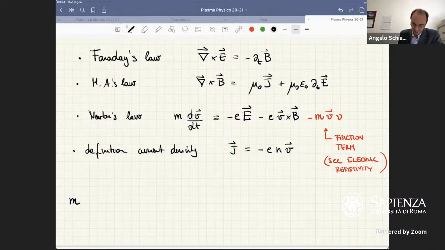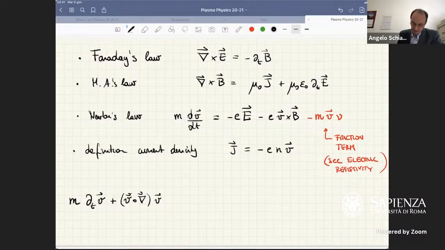So we have the derivative of the velocity plus the convective term, which is v dot grad applied to the velocity itself.